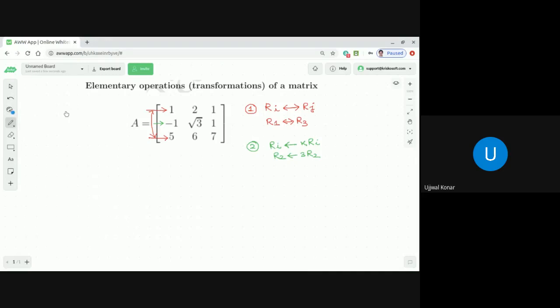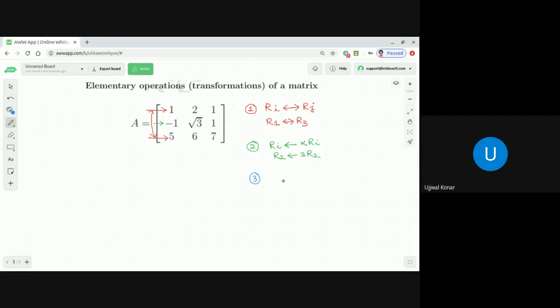Now, what is the third operation, dear students? The third operation is that any row can be the previous row plus a scalar multiple of the corresponding elements of another row.